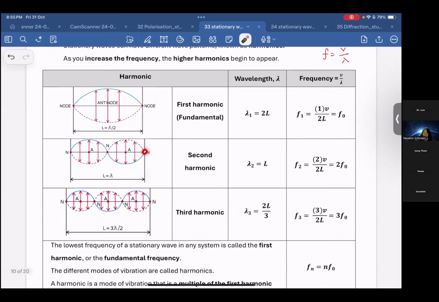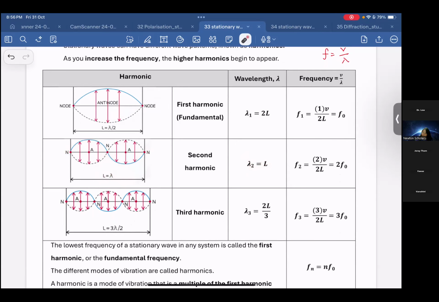Because end to end, fixed end to fixed end, there must be a node. So the next pattern that we will get will be like this. Then this one, the length is exactly equal to a wavelength, right? So the wavelength is exactly equal to the length that we measure.